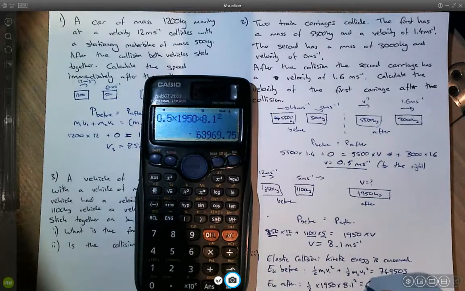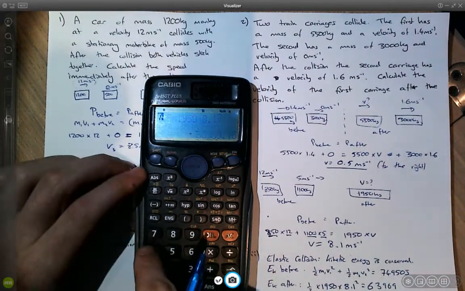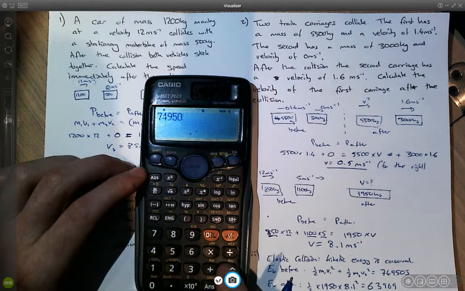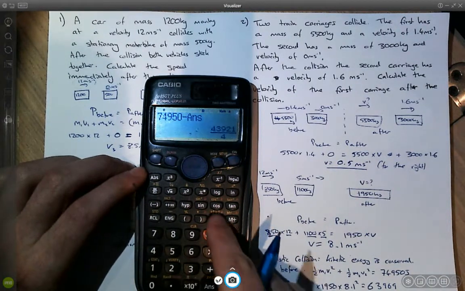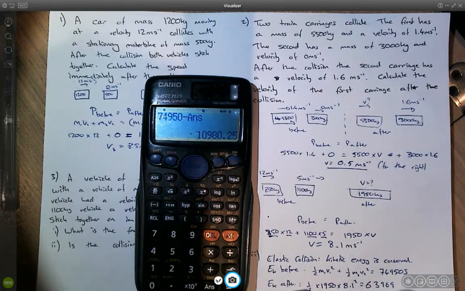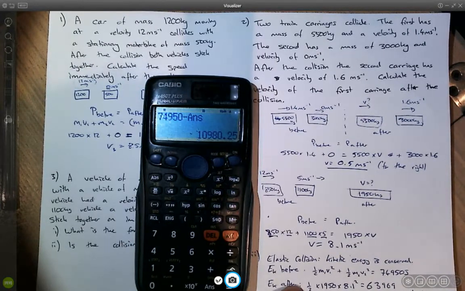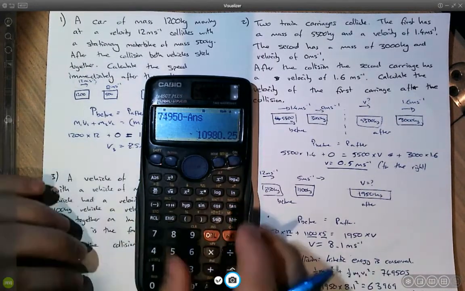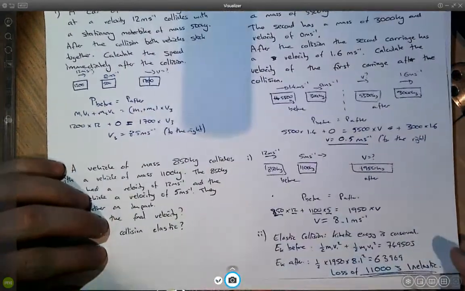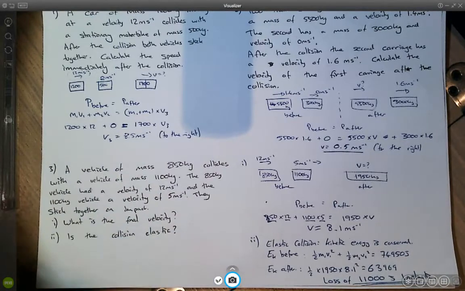So we've got 63,969, which means there's been a loss of 11,000 joules. So it's inelastic. Some kinetic energy has been lost. And this is an important distinction. We must always have momentum being conserved, but kinetic energy does not always have to be conserved.